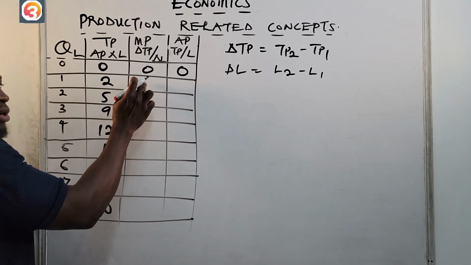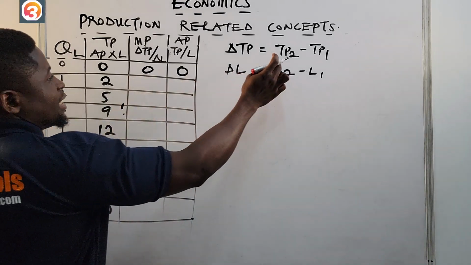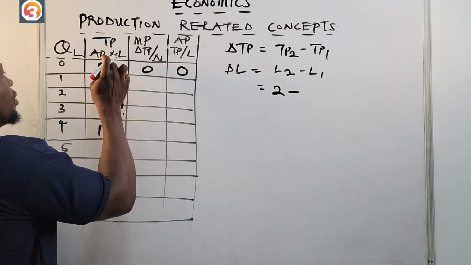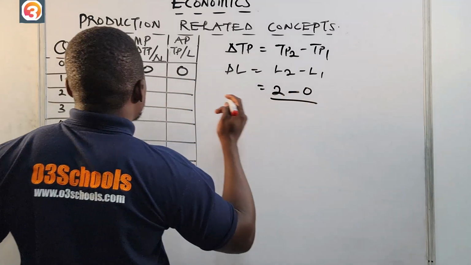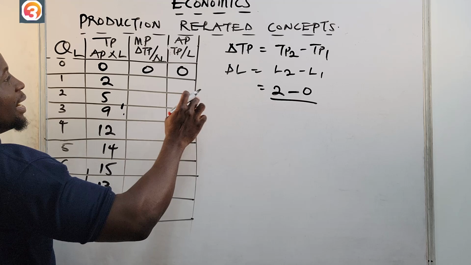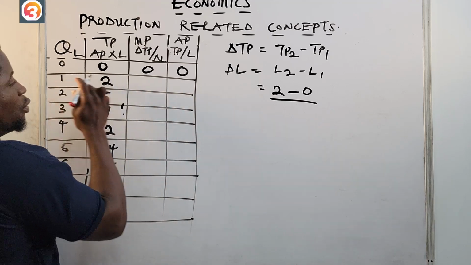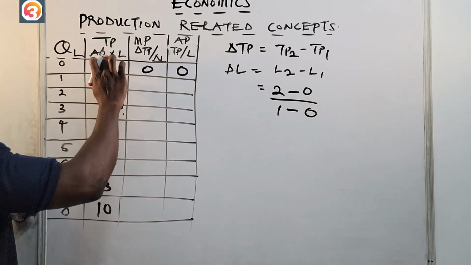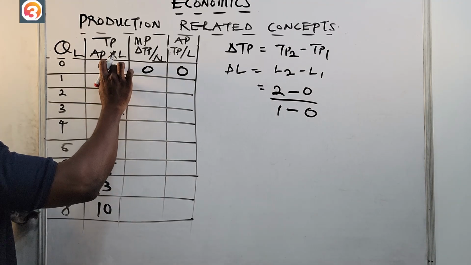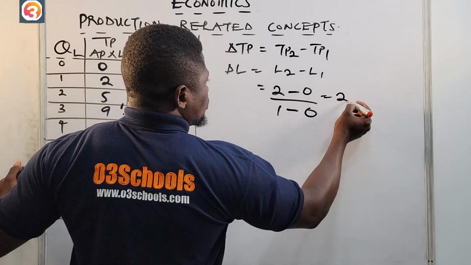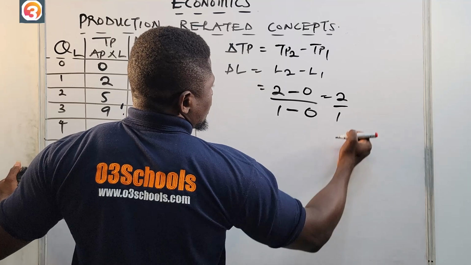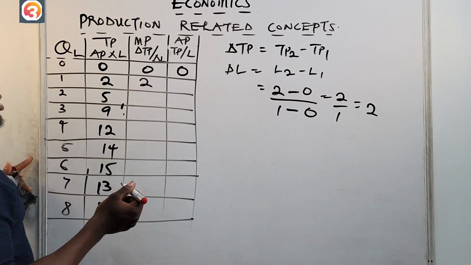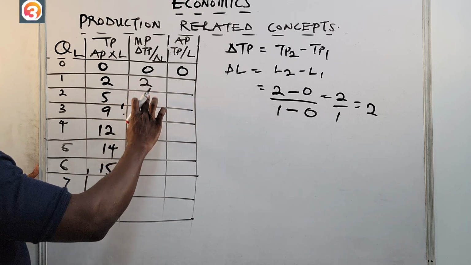For this first point, we take TP2, which is 2, minus TP1, which is 0, all over L2, which is 1, minus 0. So 2 minus 0 is 2, and 1 minus 0 is 1. Our answer will be 2. That means here will be 2. So now let us quickly fill up the MP first.